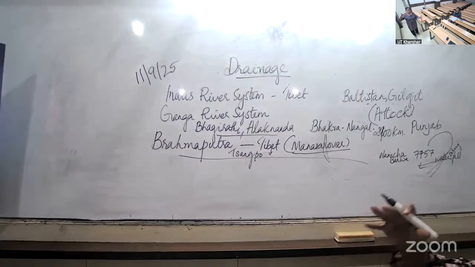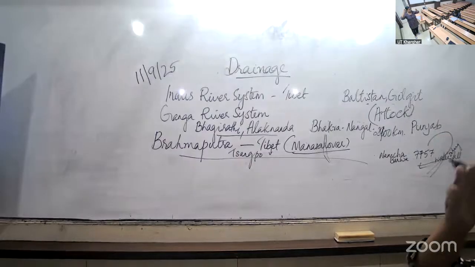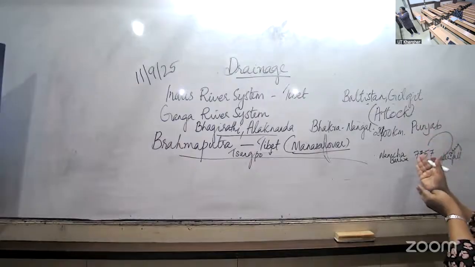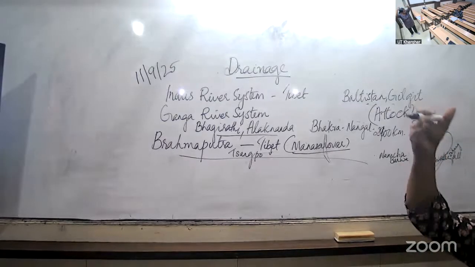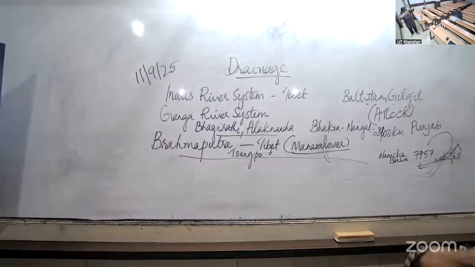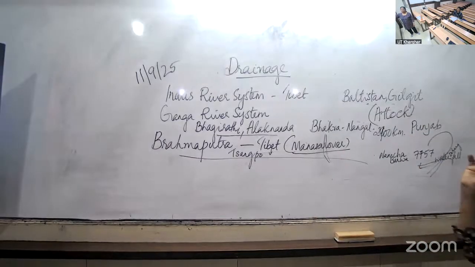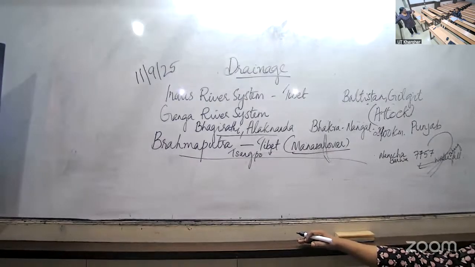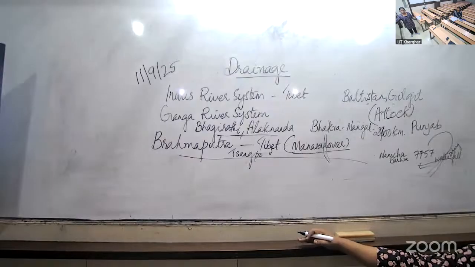Just imagine the river circumnavigating this Namcha Barwa and making the fall. So it carries that much huge amount, plus two rivers are joining with it. So a huge volume of water.